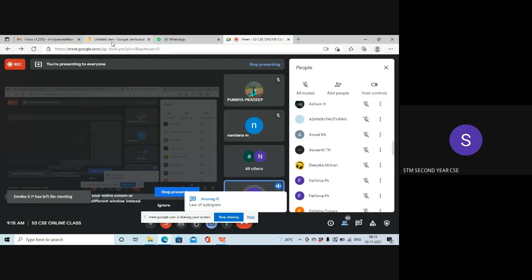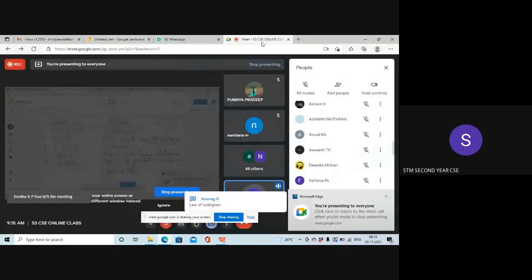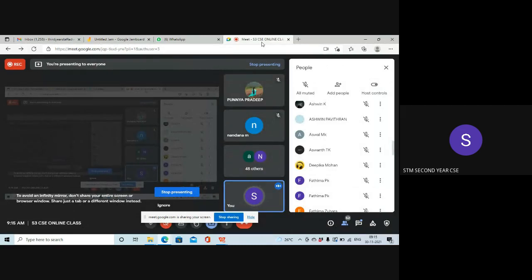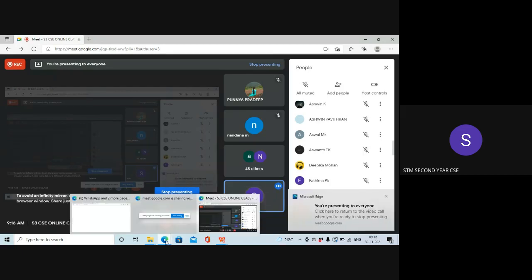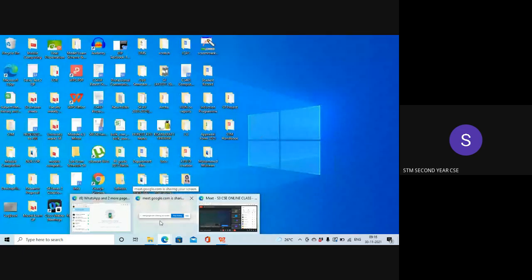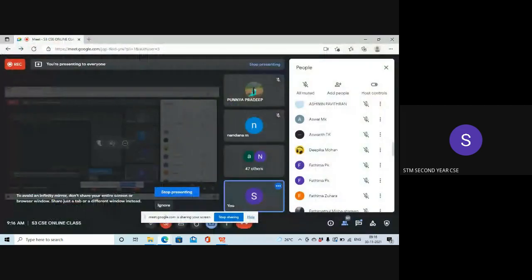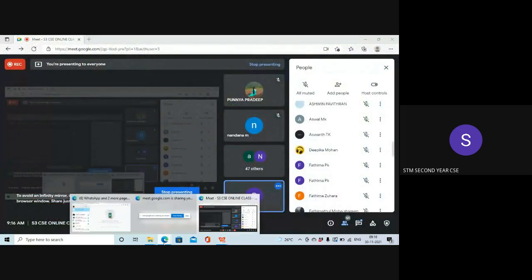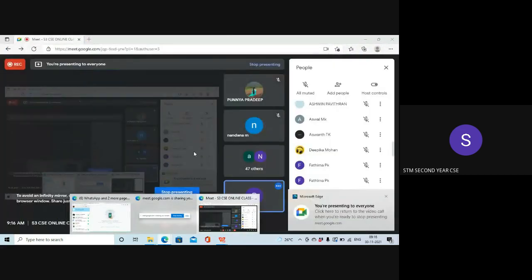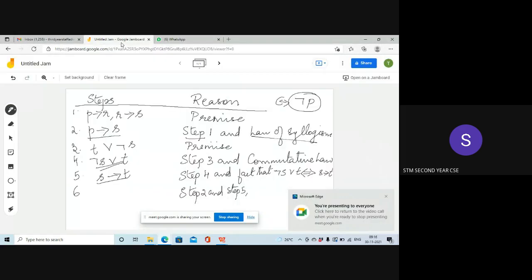Very good, Anurag. Law of syllogism. What will you get by applying law of syllogism? From step 2 and 5, step 2 is P implies S, and step 5 is S implies T. So what is the final result?